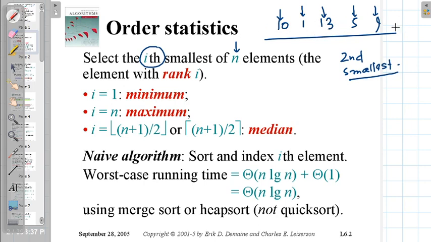So instead of saying that 13 is the maximum element, I can also say that this is the fifth smallest element.